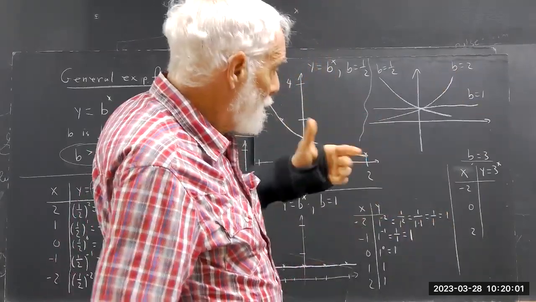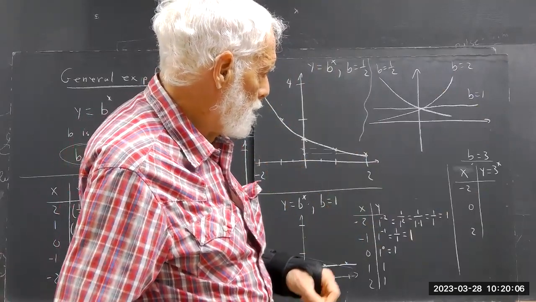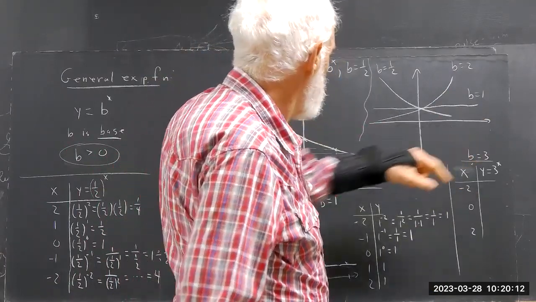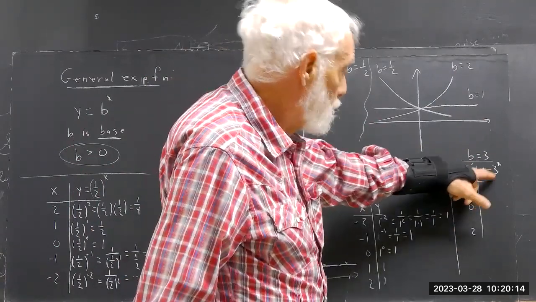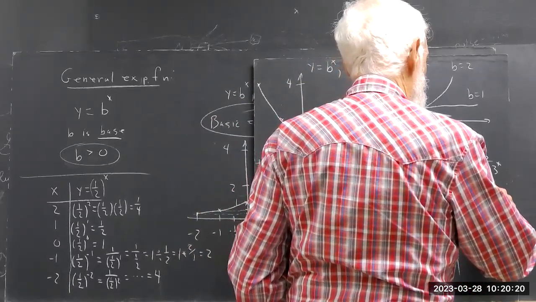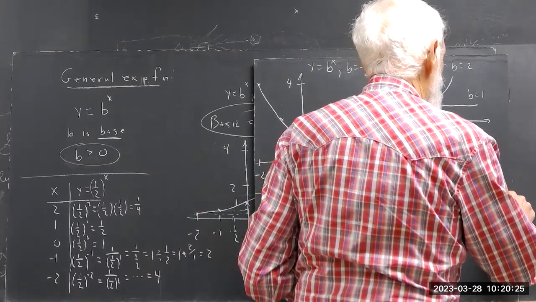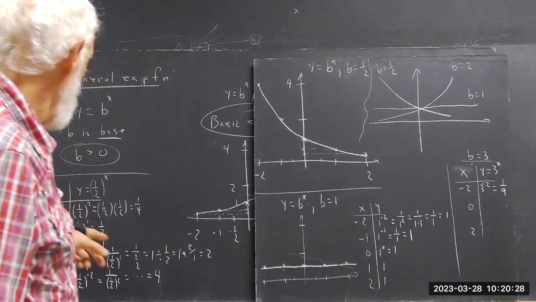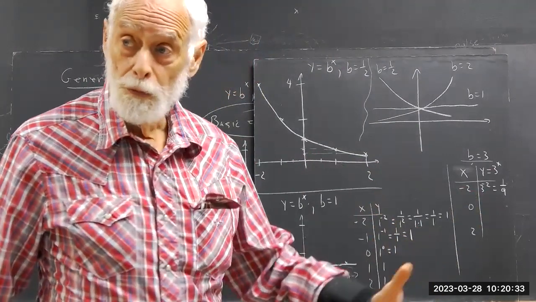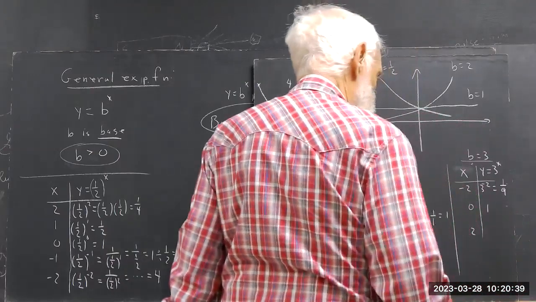So there's kind of a pattern that emerges here. So we're going to try to see a little bit about that pattern. Okay, so we're going to do the b equals 3. And if b equals 3, then b to the x is 3 to the x. And 3 to the -2 means, well, if you understand the details here, then you'll understand the details there. 3 to the -2 is 1/9. 3 to the 0 is 1 because any number to the 0 is 1.